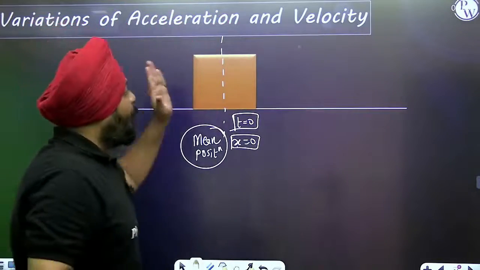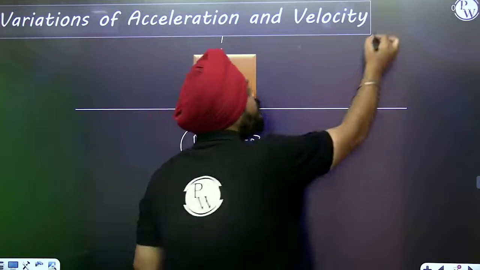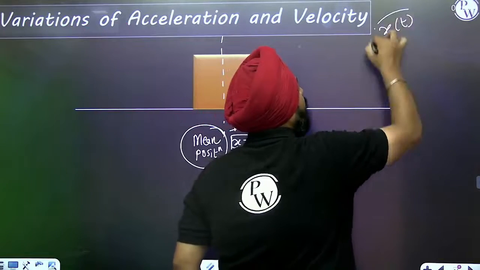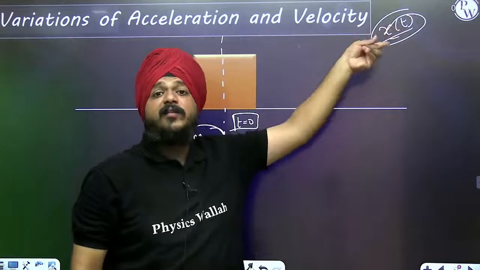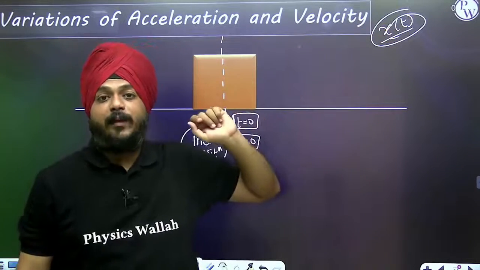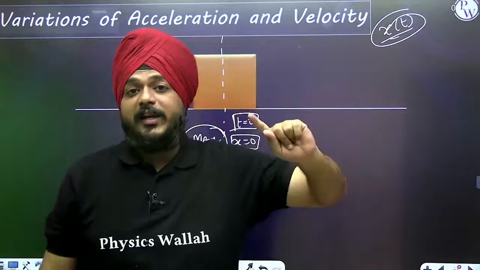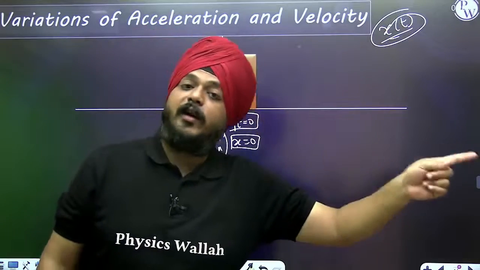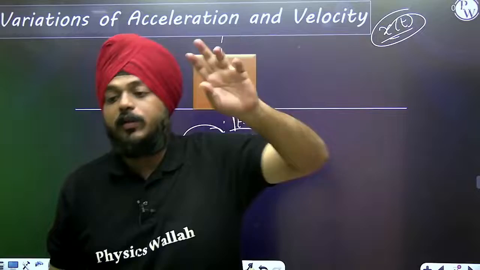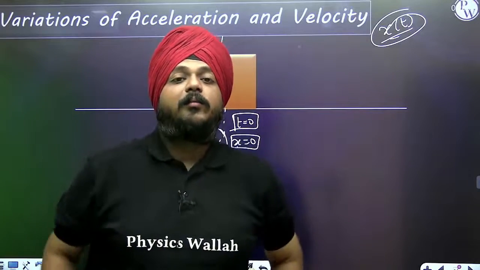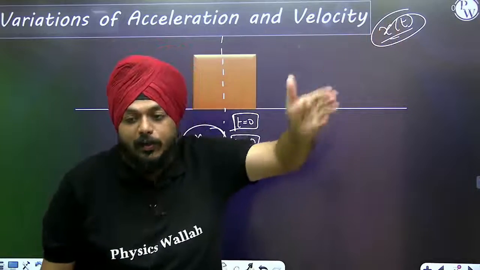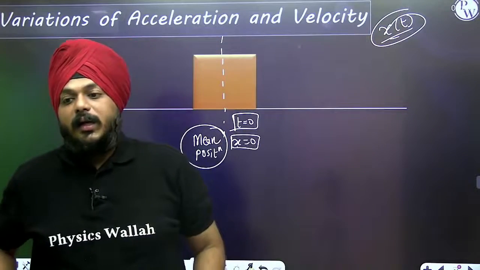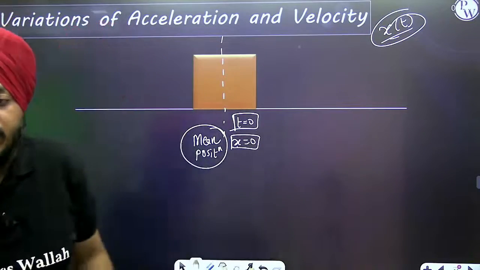If the position of an SHM is a function of time, and I differentiate this position, then velocity is also a function of time. If I differentiate the velocity with respect to time, then acceleration comes, which is also a function of time. More clarification about this expression is going to come up in the Phasor method.